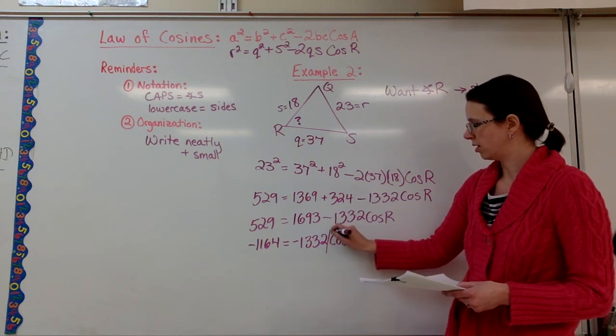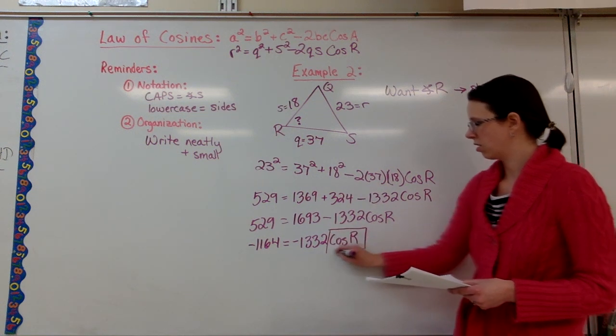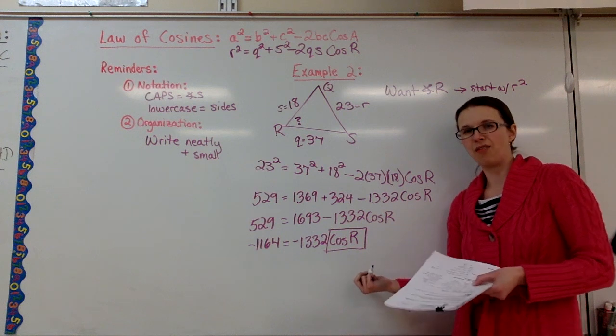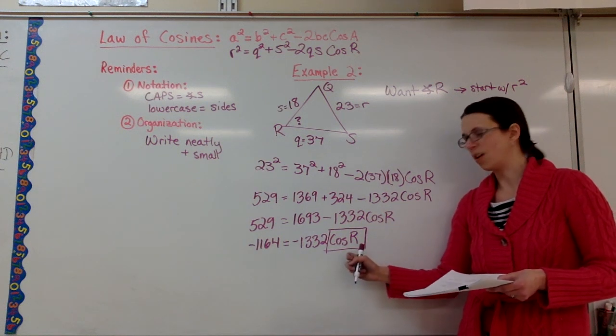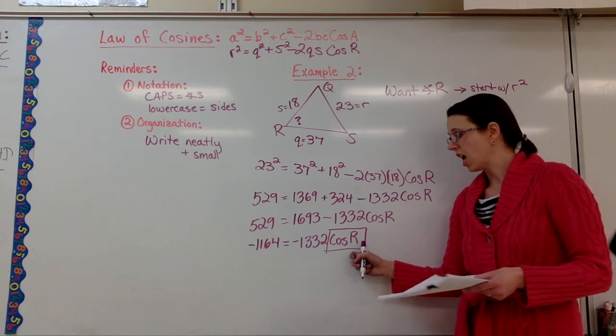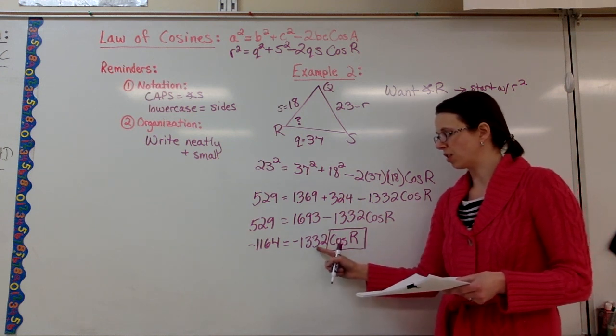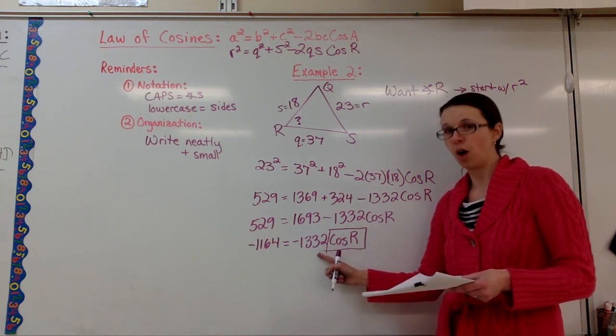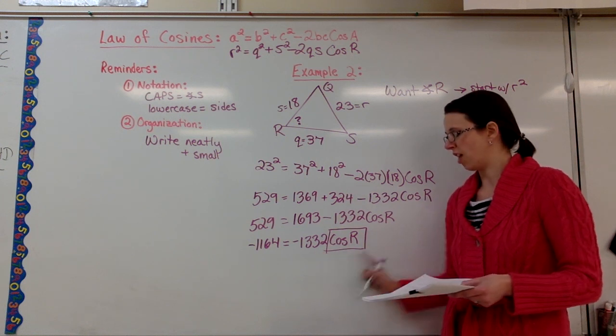Now remember, to get to r, we want to get to cosine of r first. So we want to think about how it is that we would get cosine of r alone here. And as we do that, we want to think about just simply dividing by the coefficient in front of that value.